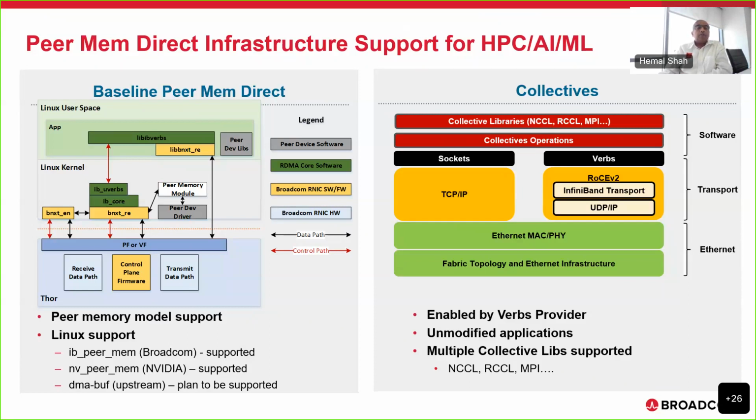And this is where, using a peer memory module, you interface with those peer device drivers, so that you have the ability to register the memory and have the right set of translations for direct access from the NIC. As RDMA operations are performed, you can directly transfer data in and out of that memory. This may require also interfacing with their user mode libraries. So that's the model where the industry is today.